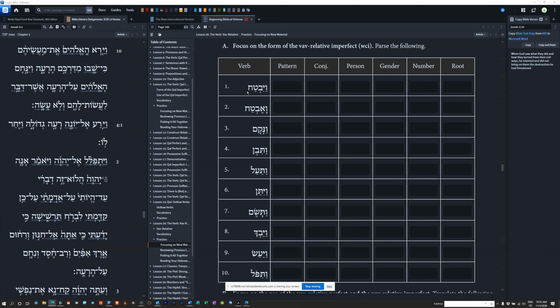At this point, it's just parsing like normal. Yivtak, yod heuric prefix, indicates Qal imperfect, third person, masculine. Lack of suffix indicates singular, so this is a Vav. You could call this, I guess, a Qal Vav relative imperfect, I guess is what we're going to call the conjugation here.